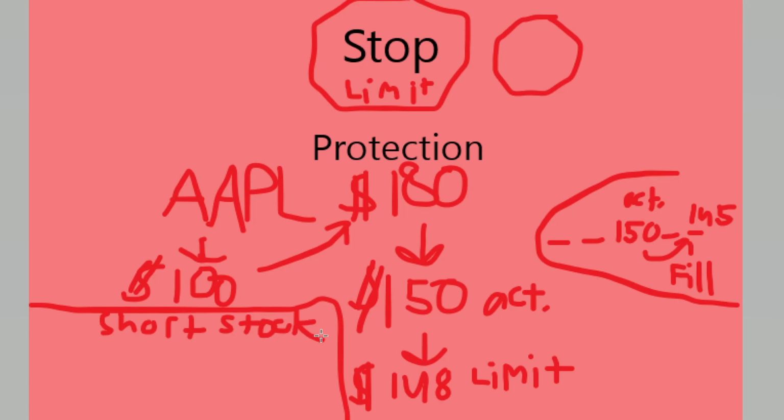You borrow the stock at a certain price, you want the price to go down, and then you buy the stock back and give it back to whoever you borrowed it from. But you bought it for a lower price, and they paid you a higher price. So that's how you make money. So with a short stop, when you're short stock, a stop order is used above the market price.